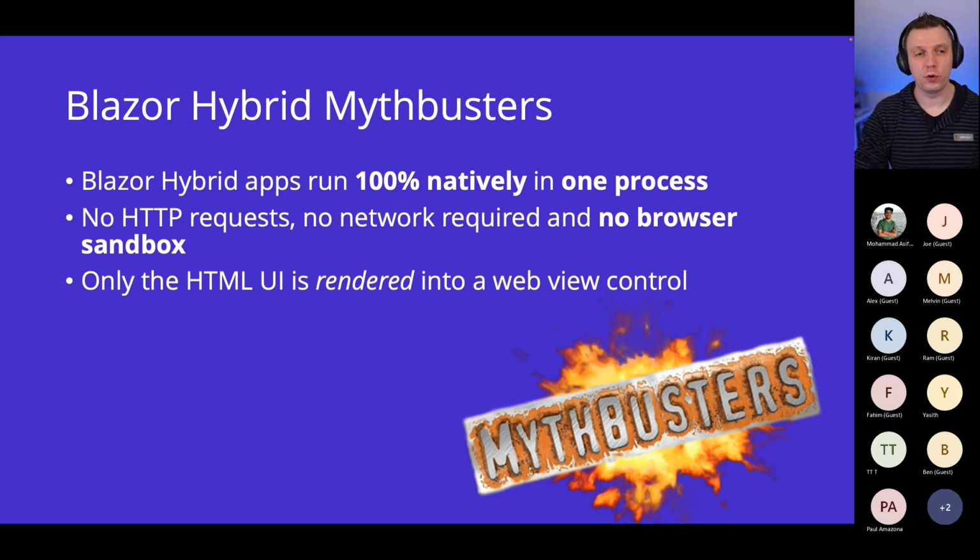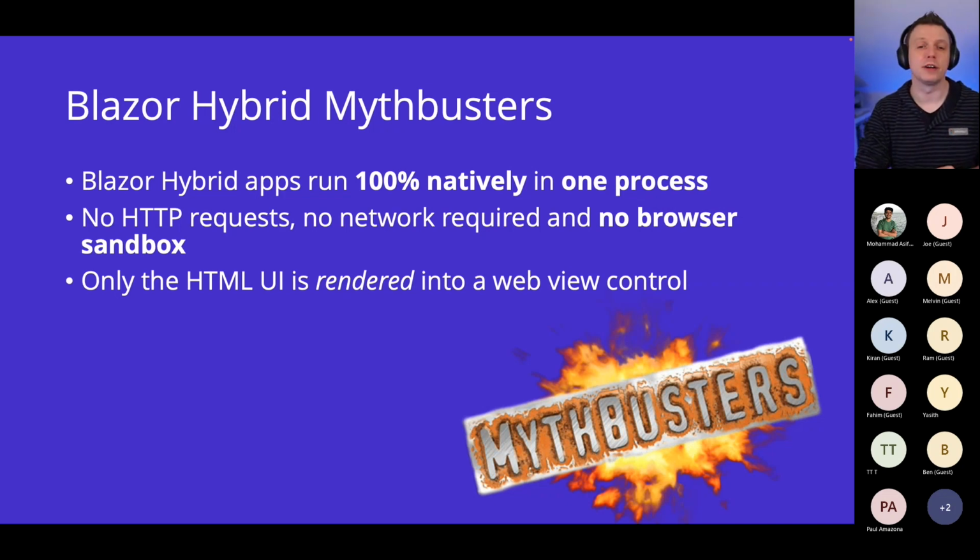And maybe the more important one is no HTTP request, no network required, and no browser sandbox. So no HTTP request, again, if you are going to go out to servers to get data, which you totally can, then of course there's going to be HTTP requests. But for the application itself, there's no HTTP requests, no network required. You can build an offline app with this, no problem.